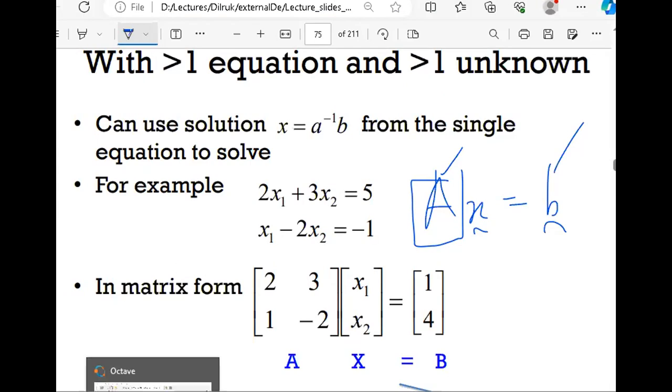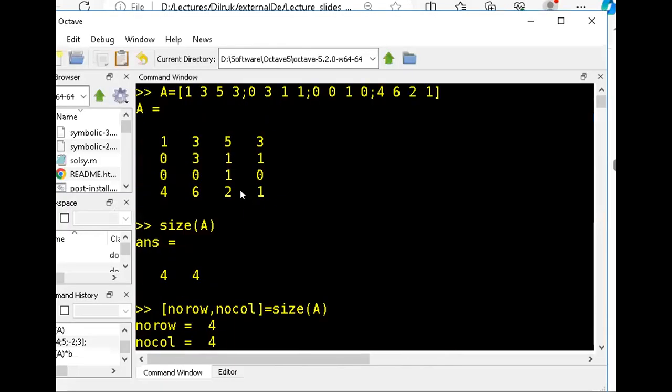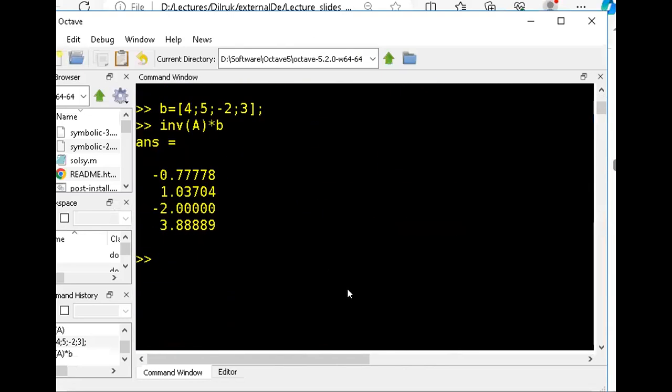Let's consider an example which is not full rank. Let's define. I'm pressing the up arrow key. If you want to take the previous commands you typed, you can get them by pressing the up or down arrow keys.